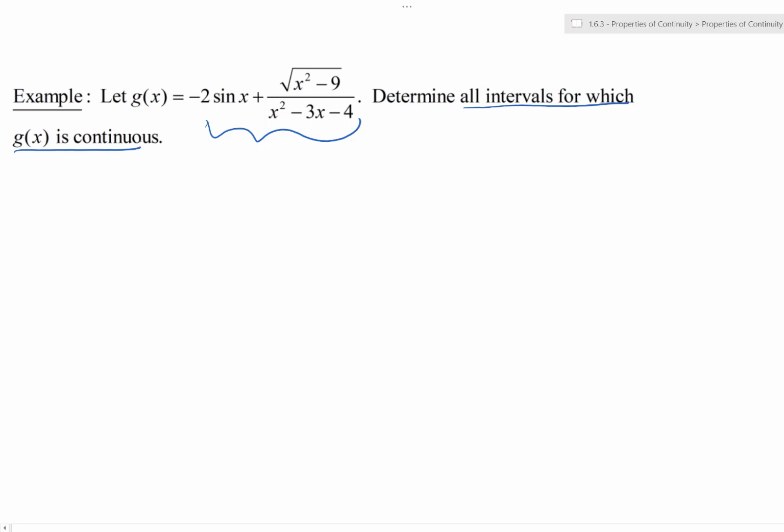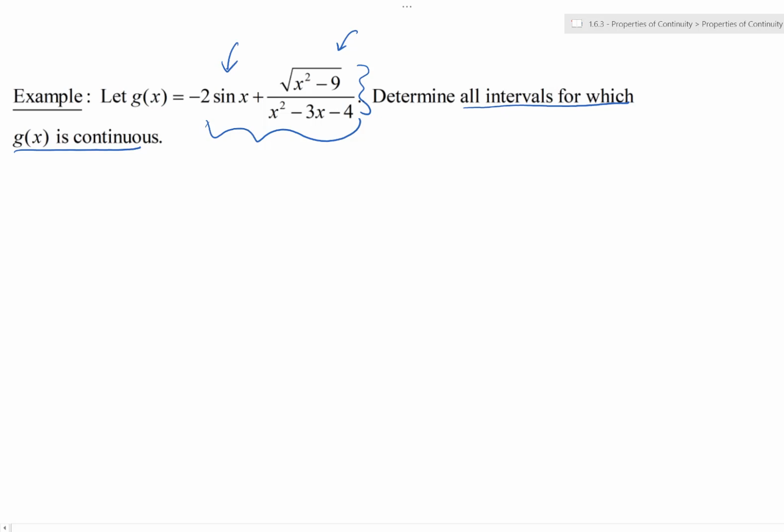We notice that this function is a combination of elementary functions. It's a trigonometric function, that's the sine function. We have a root function, but a root is a power function, and that power function is a composite function here. So we have both those properties. And then that's divided by x squared minus 3x minus 4, so this entire thing is a quotient situation.